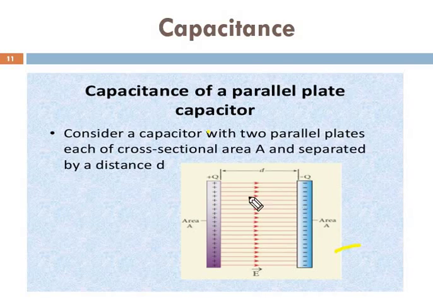The distance between the two plates is d. The area of the plate is A, and both plates have the same area. So we will find the capacitance of this capacitor.